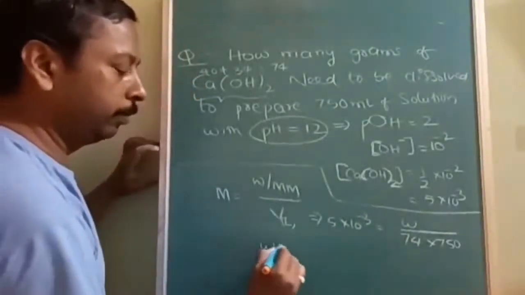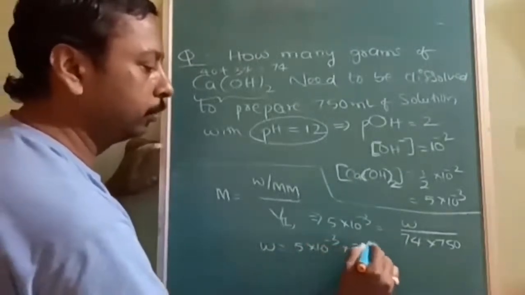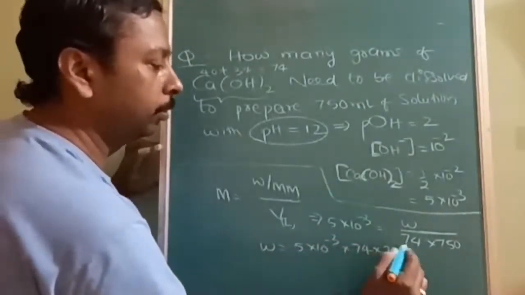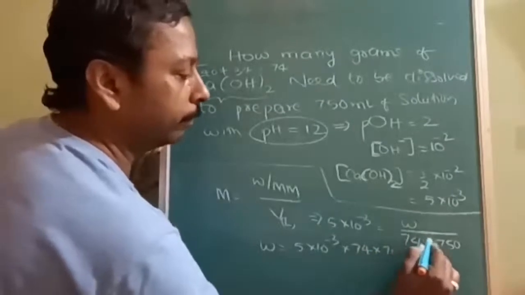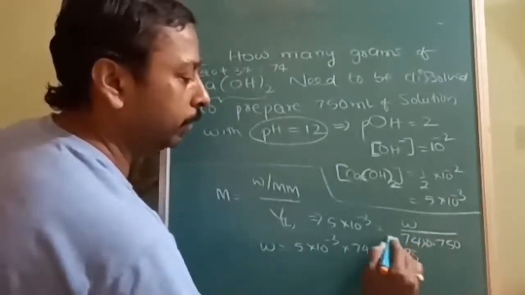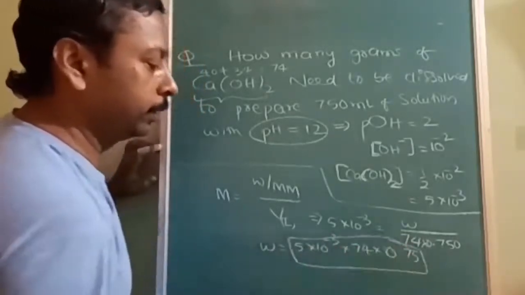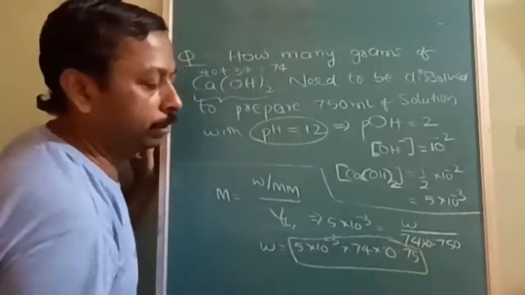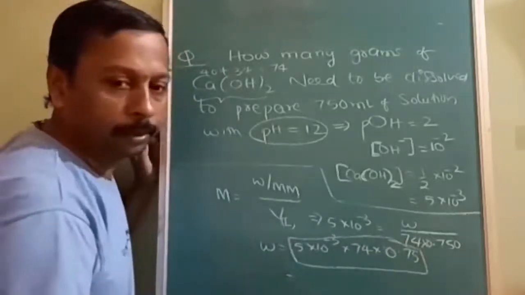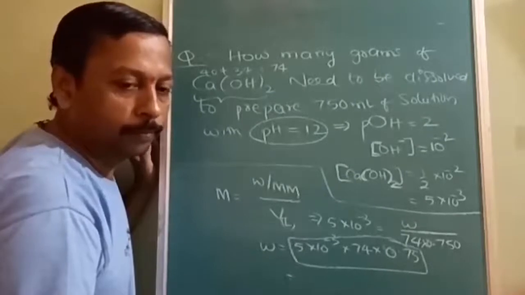So mass will be 5 into 10 to the power of minus 3 into 74 into 0.75. Up to here, is it clear? 5 into 10 to the power of minus 3 into 74 into 0.75. Okay. You simplify this, then you can understand.